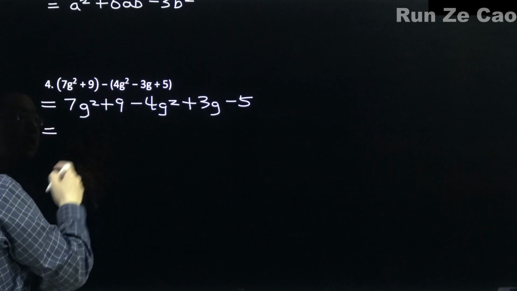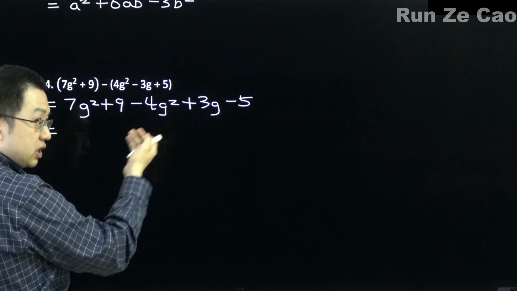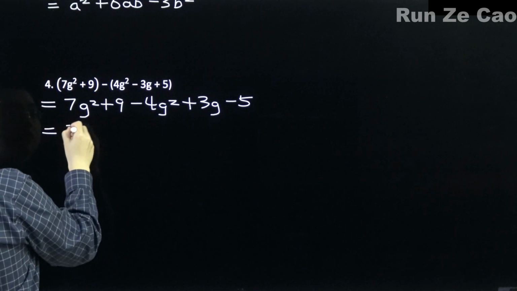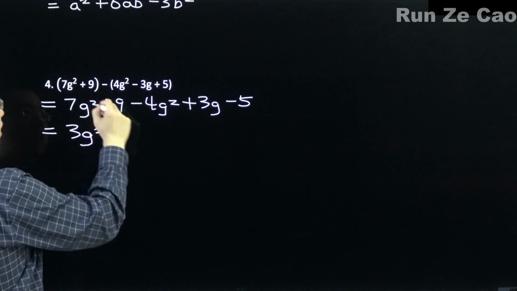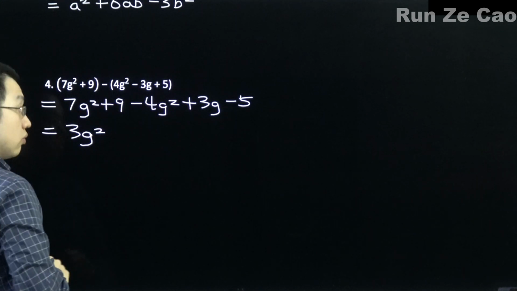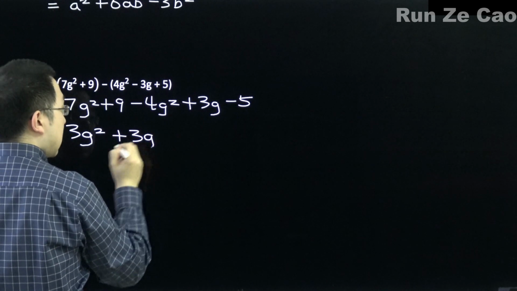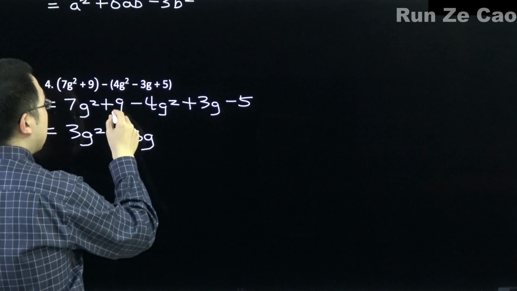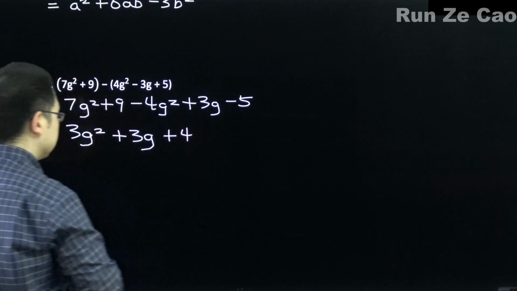So we collect the like terms. For g squared, we have 7g squared minus 4g squared. Therefore, we have 3g squared. In fact, you can even cross them off if you need to. Plus 3g. And then plus 9 minus 5, well, that leaves us with plus 4.